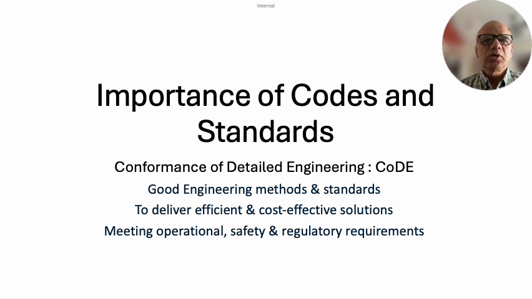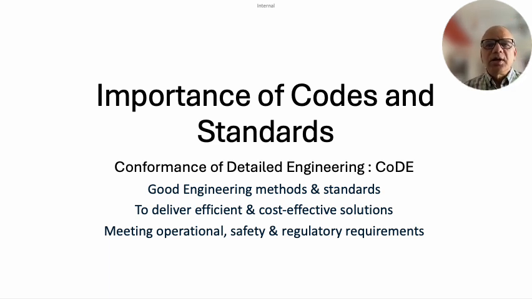In continuation of our slide, let's expand on what a code is. If you really see a code, let me try to explain it related to the fabrication industry: it could be conformance of detailed engineering. When we receive an order, we try to do the detailed engineering.